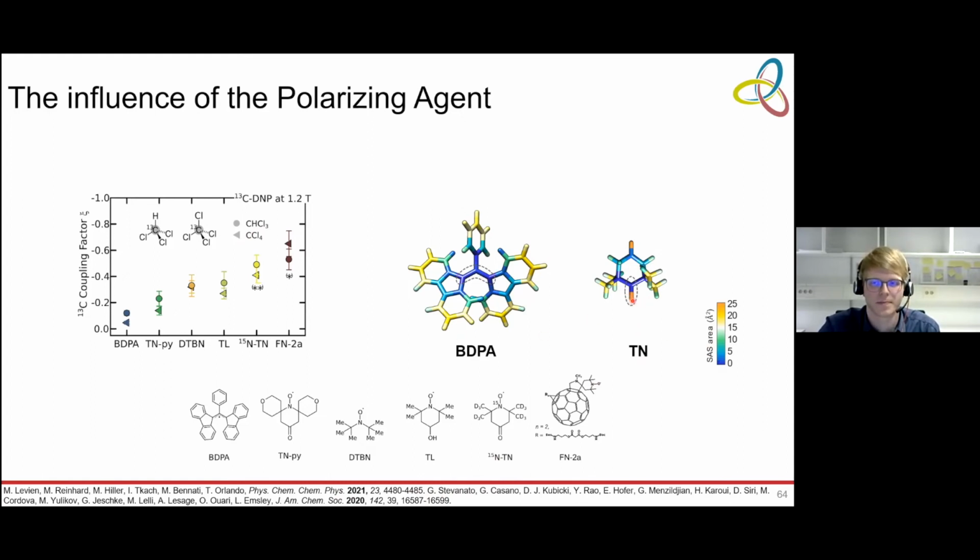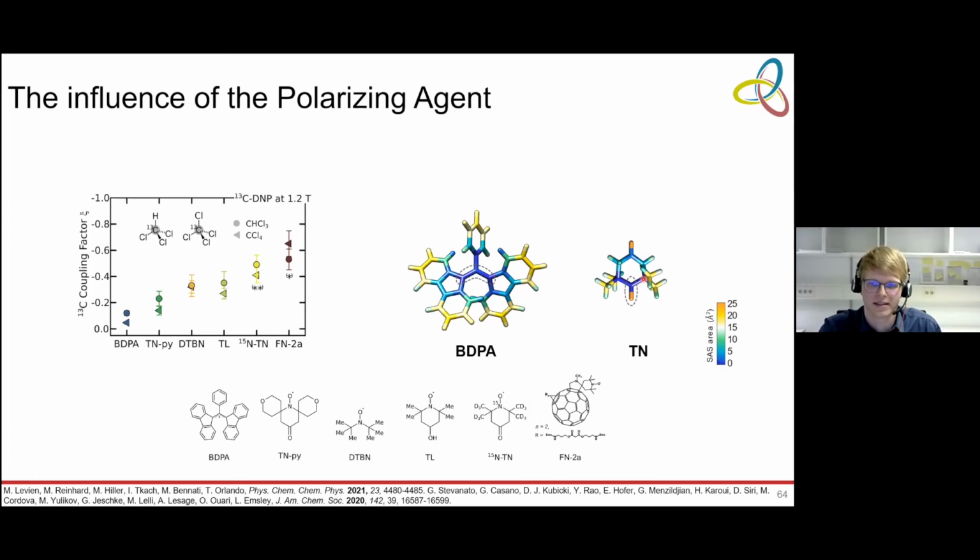The solvent accessible surface is defined by taking a spherical probe and rolling it over the van der Waals radius of the DFT optimized structure, in this case for Tempone and BDPA. From that we can get the accessible surface of each of these moieties. They are color coded here, and orange is the highest accessibility.